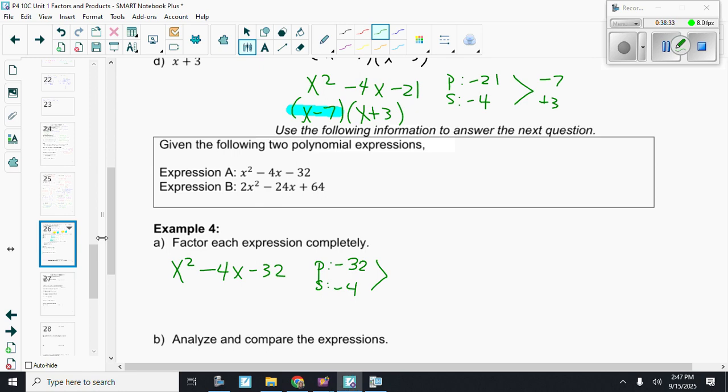Hey, anyone want to give this one a whirl? What two numbers could I use? Yeah, Anna. 8 and 4. Okay, that sounds good. Tell me about these numbers. Positive, negative.